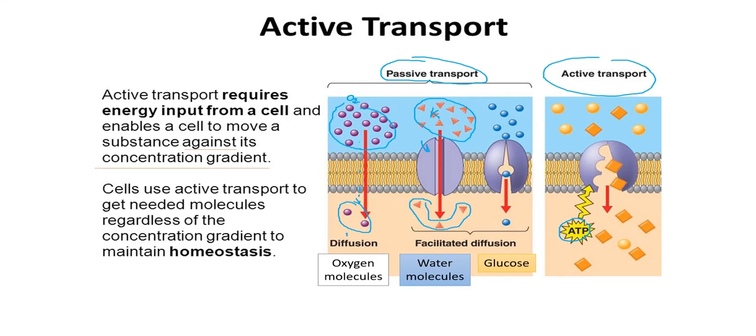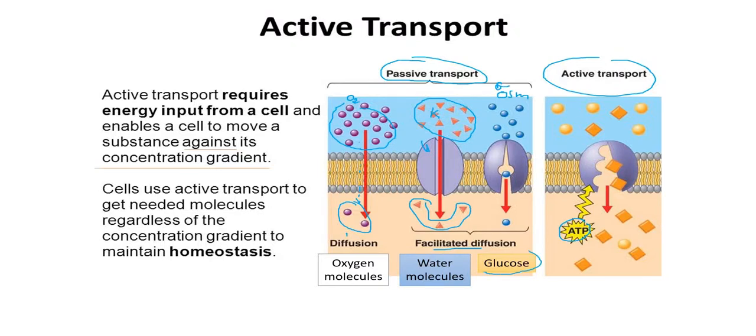Then we have the other type of facilitated diffusion, osmosis. So this is our water movement happening here. In this case it could be water, or it could be glucose moving, passing to the other side.